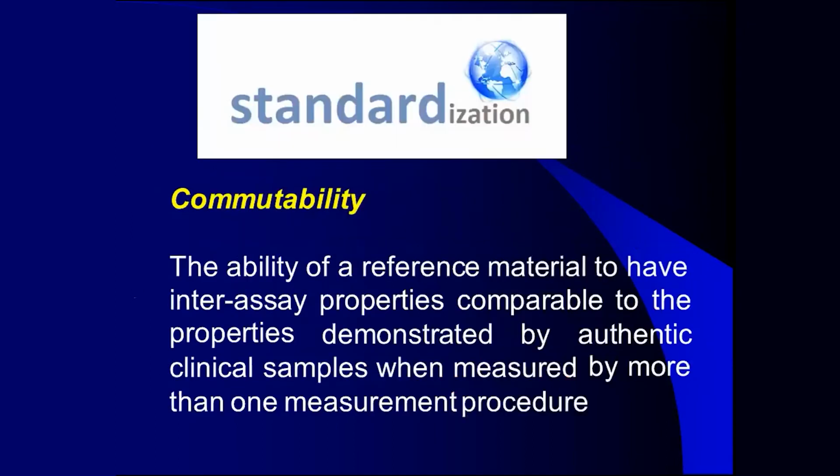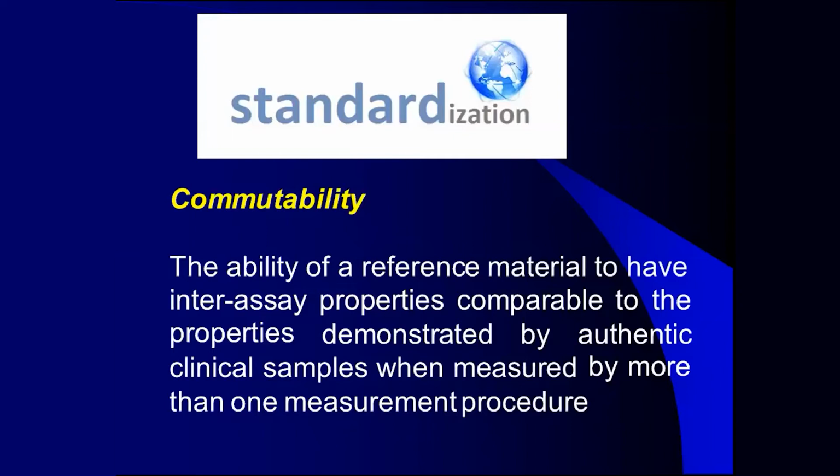Commutability is the ability of the reference material to have inter-assay properties which are comparable to the properties demonstrated by authenticated clinical specimens when measured by more than one measurement procedure. So this reference pituitary cadaveric material is non-commutable. Hence, we cannot standardize the TSH assay.